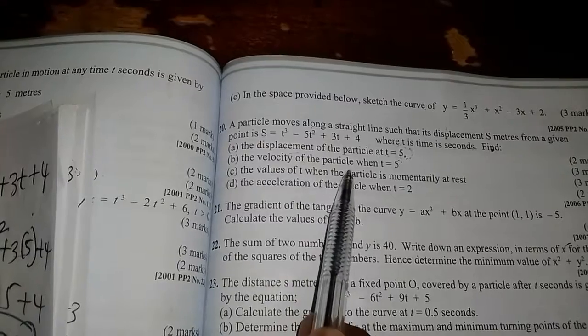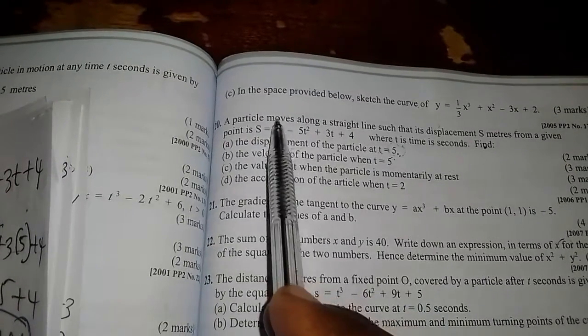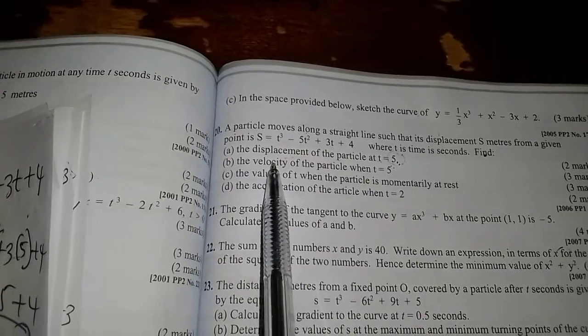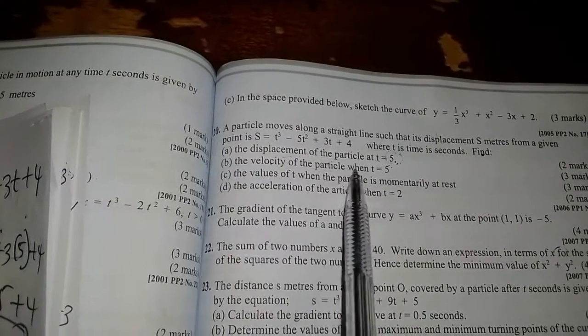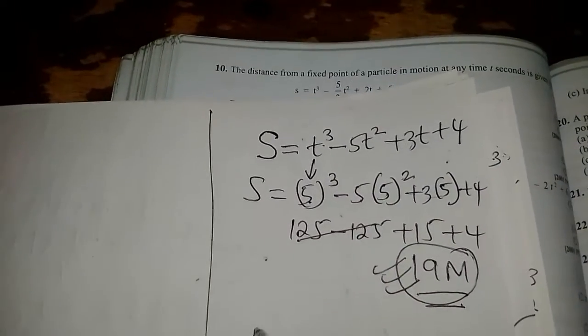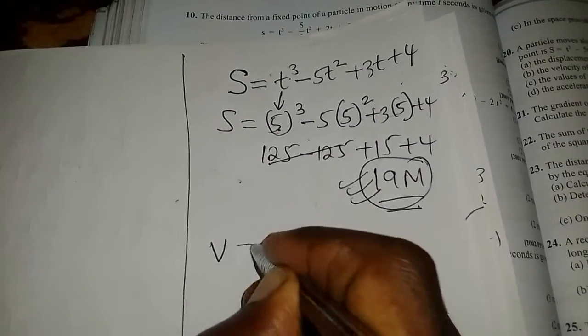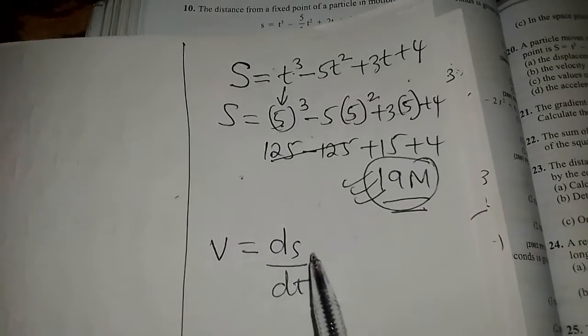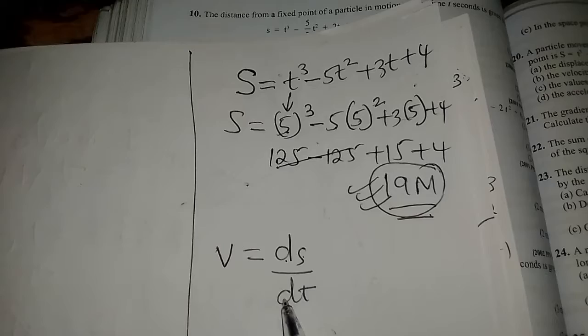So the second part says the velocity of the particle when t is 5. This equation is for displacement, so we need to look for the equation for velocity first. To get the equation for velocity, I say ds dt, the change in displacement over change in time.